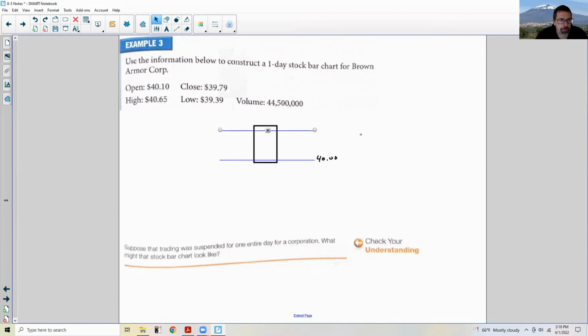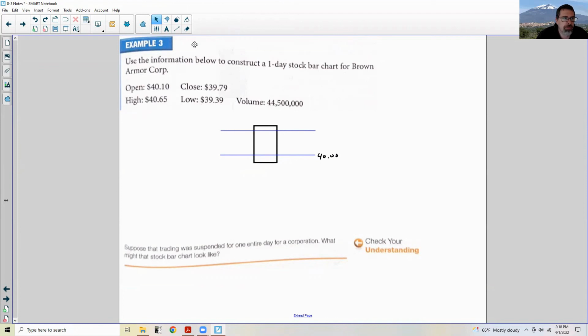Oh, low 39.39. So not 39.99. I'm going to move this up a little bit and put 40 here. $40 right there. Even that's tough to do. That's why they have programs that do it automatically for you.